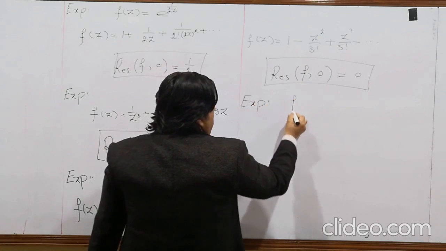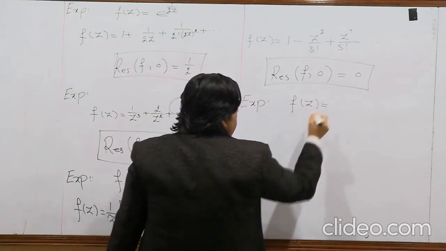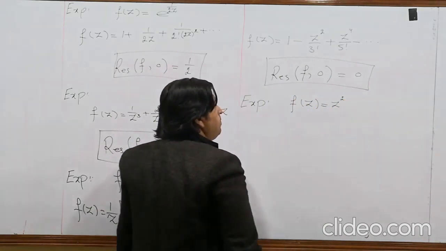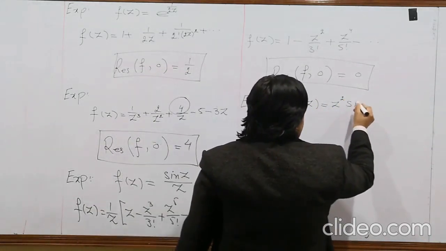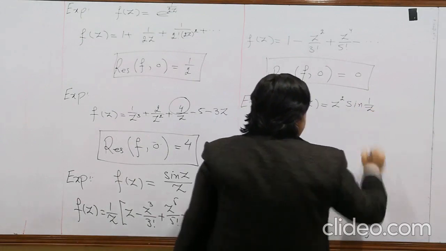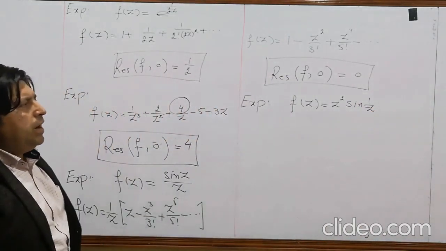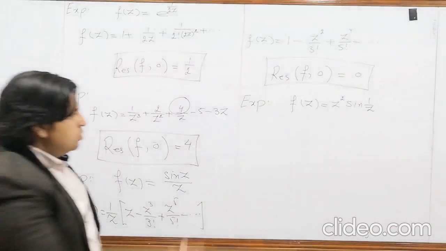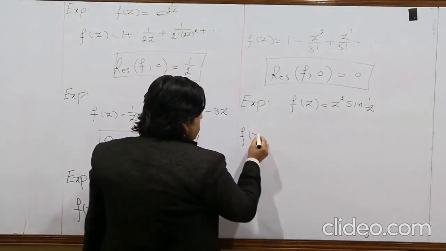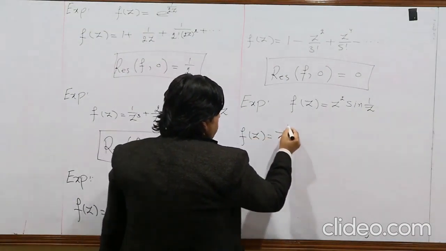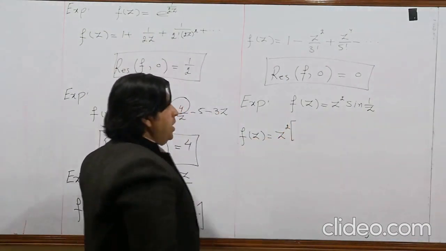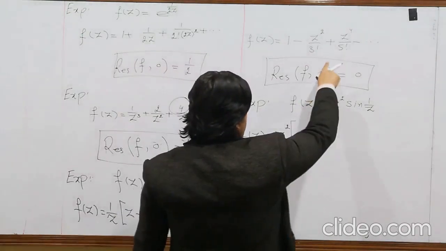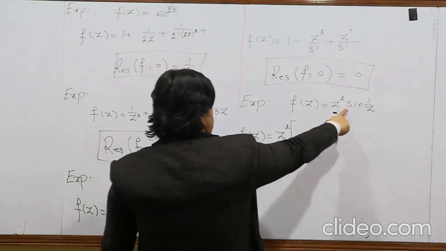In this example, we have a function f of z which is equal to z square into sine of 1 over z. And we have to find the residue of this function. So again, we have to represent this function into the Laurent series. So I can write z square, and again I can use the series of sine z.